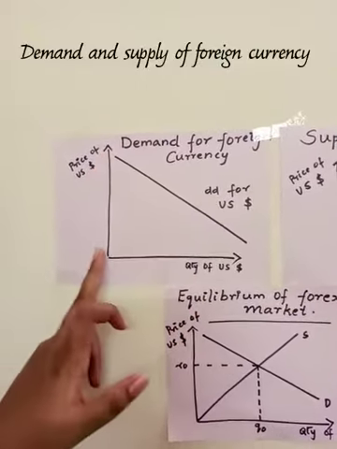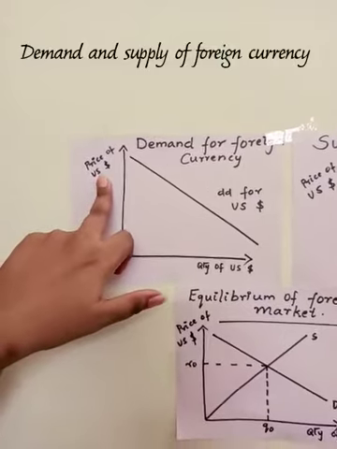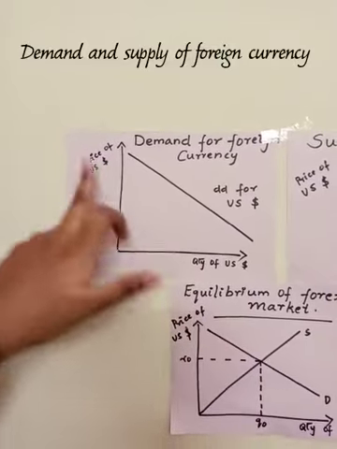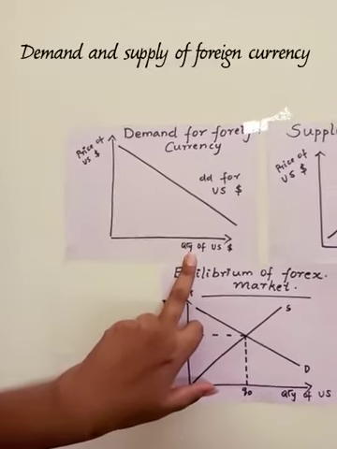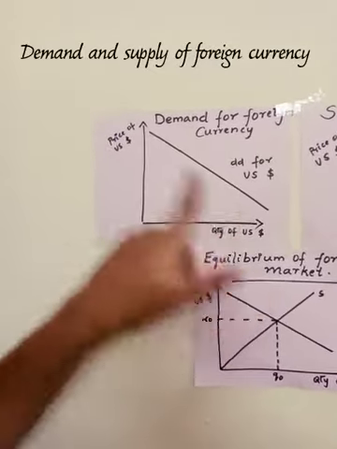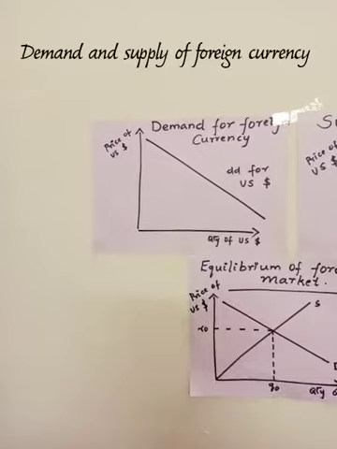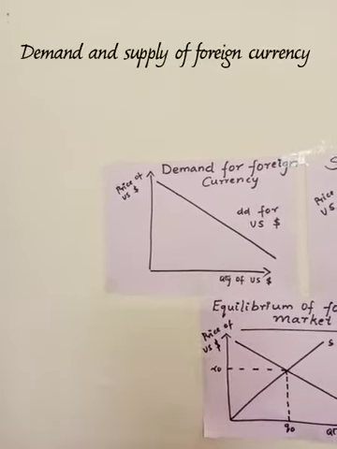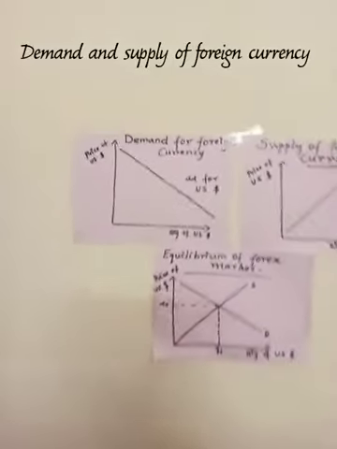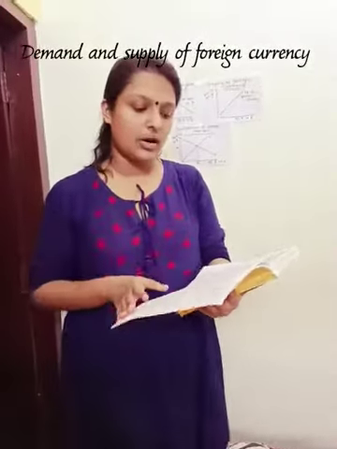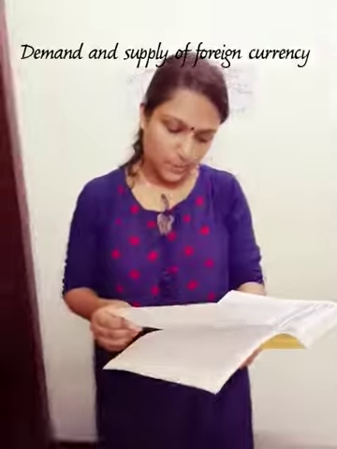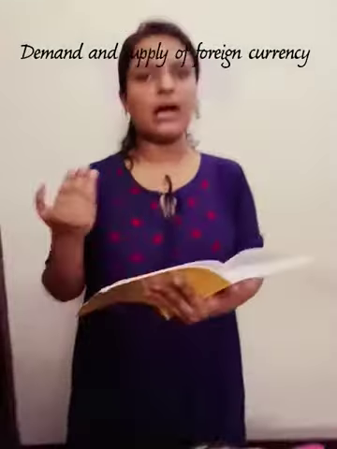So y-axis represents the price of US dollar, that is the exchange rate, and the x-axis represents the quantity of US dollar. So the demand curve is showing an inverse relationship between the price and the quantity of US dollar. So for what all reasons we demand foreign currency, that is the thing you have to look at now. So what are the demand sources?